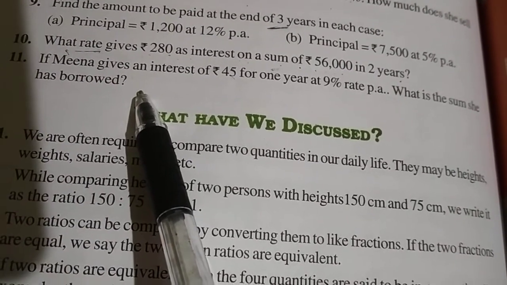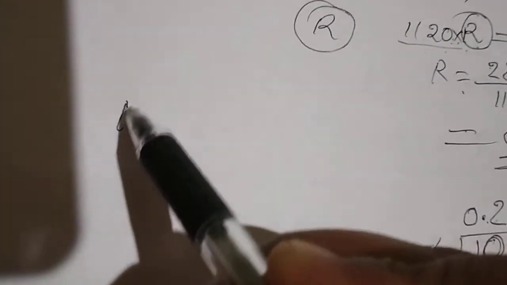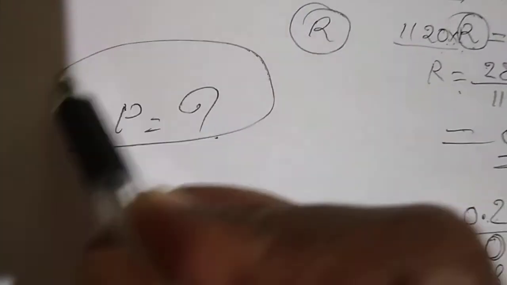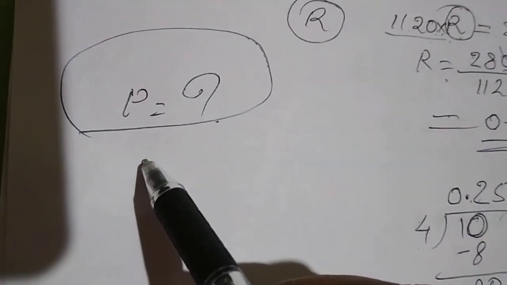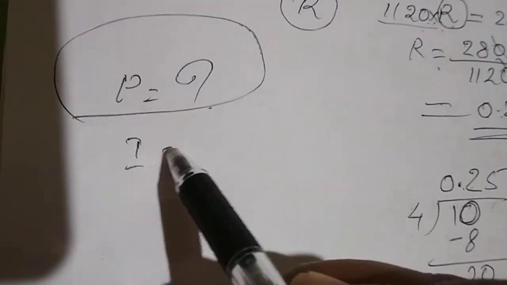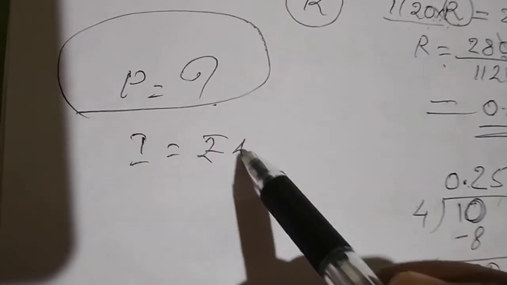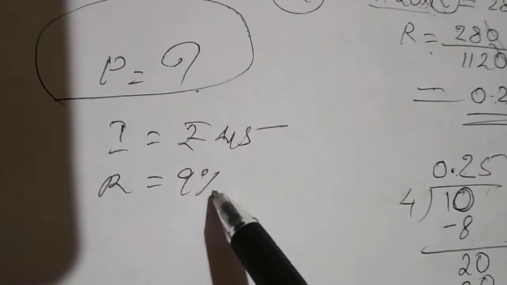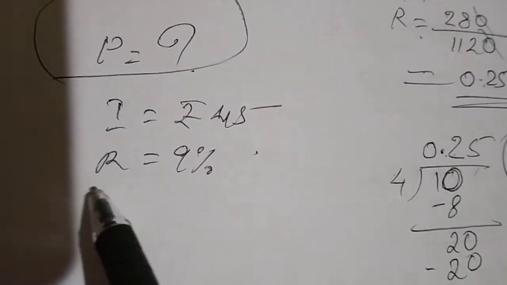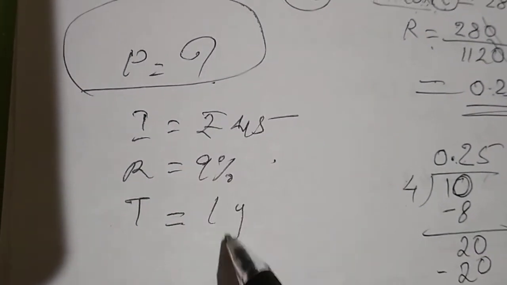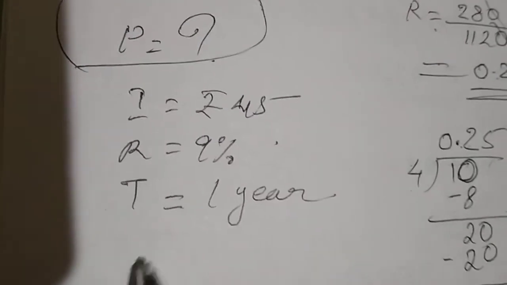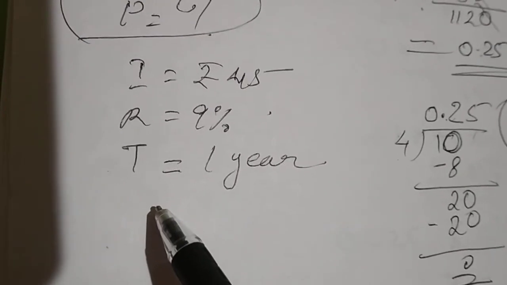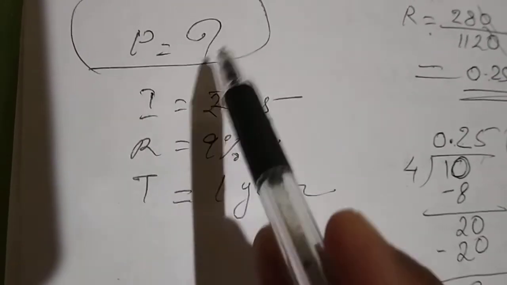So that is equal to principal. We have to find principal. Then time duration T is equal to 1 year. Then we have to find borrowed money, that will be the principal.